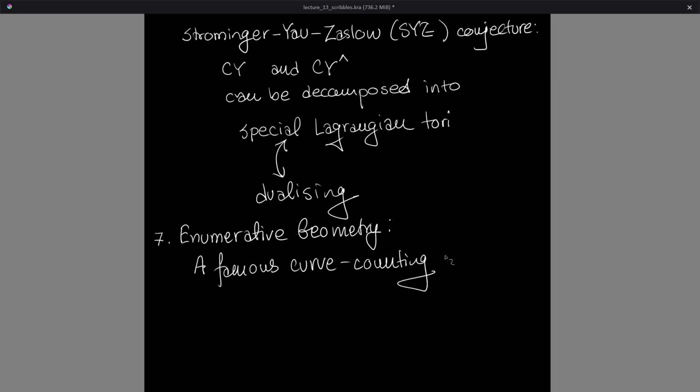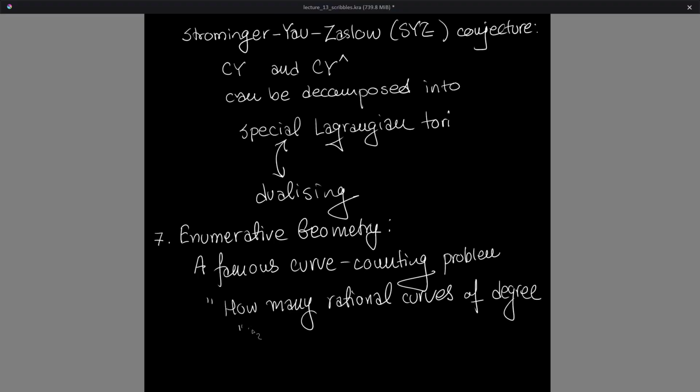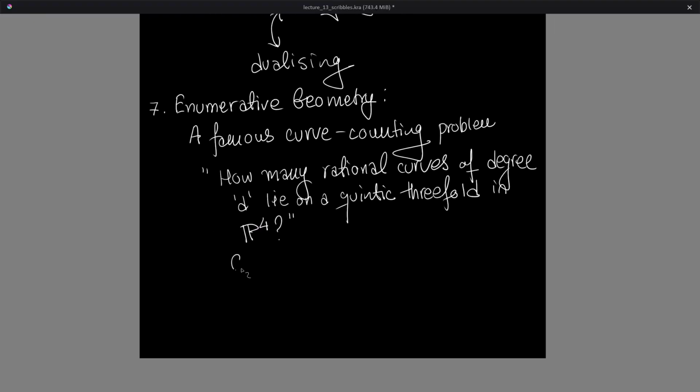The problem was, how many rational curves of degree d lie on a quintic threefold in 4D projective space, P4. This was solved by Candelas et al. The link to that paper is in the notes, by using mirror symmetry.